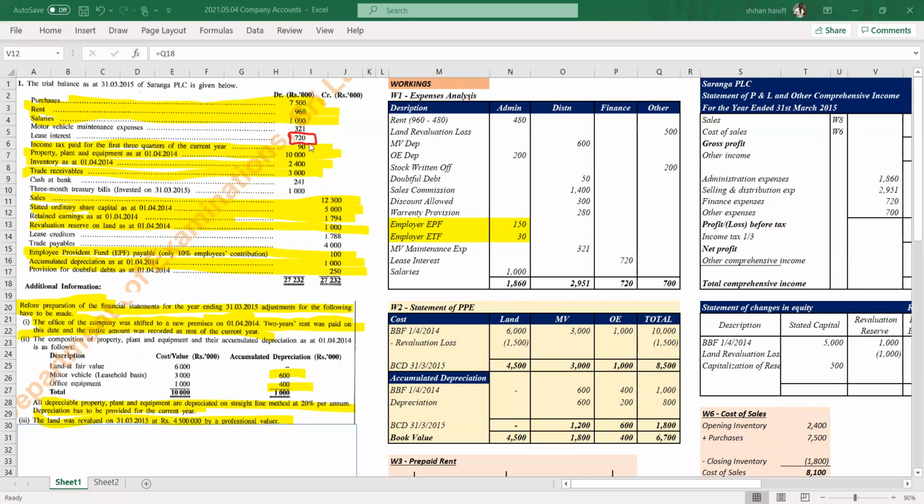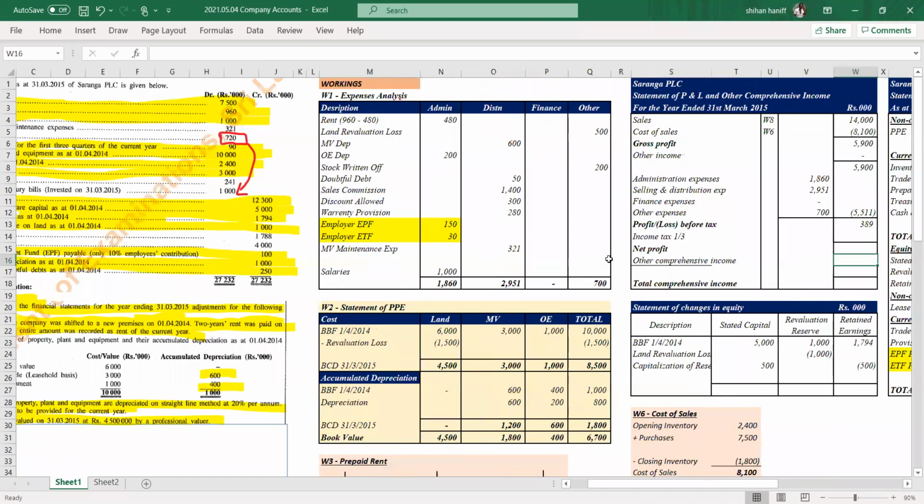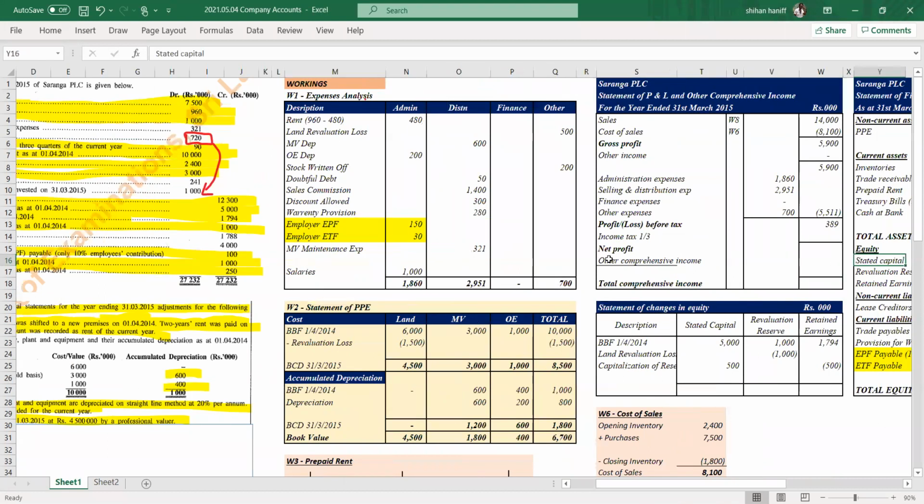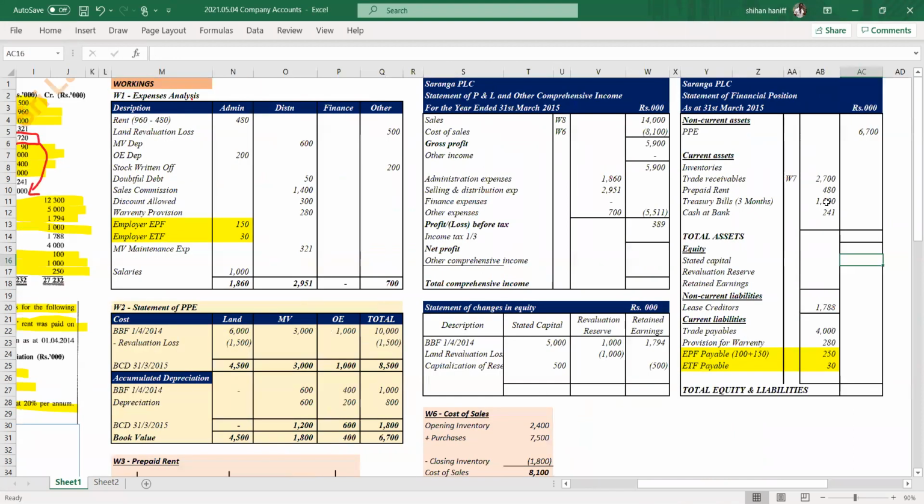I'll take this 720 and add it to treasury bills. So I'll remove this from the finance expense. Just to complete. So if you have done the adjustment, that is fine. Just to complete this, I'll take this 1720 to the treasury bills. Okay.